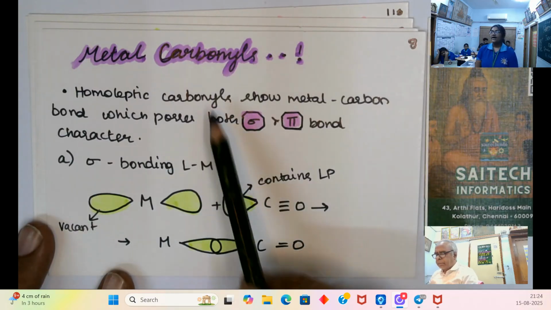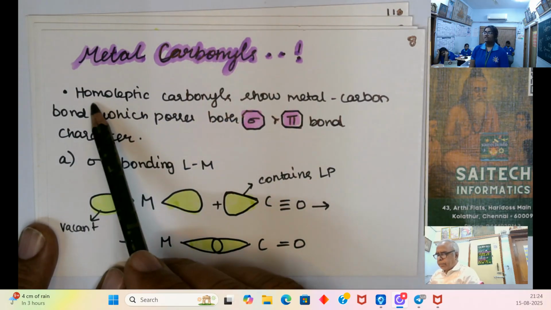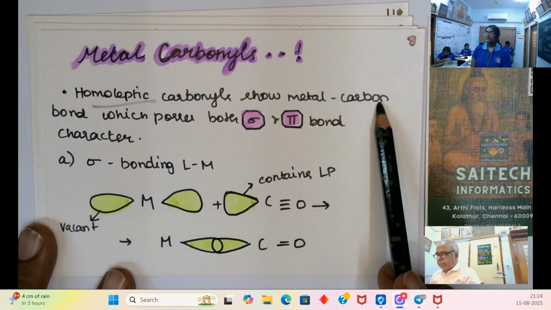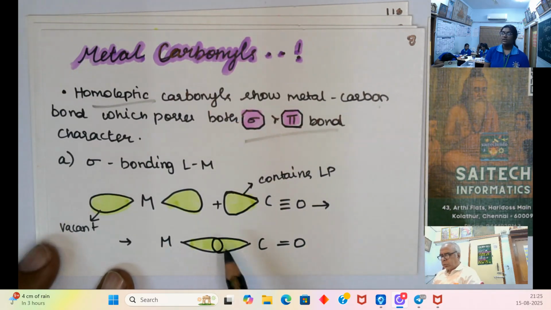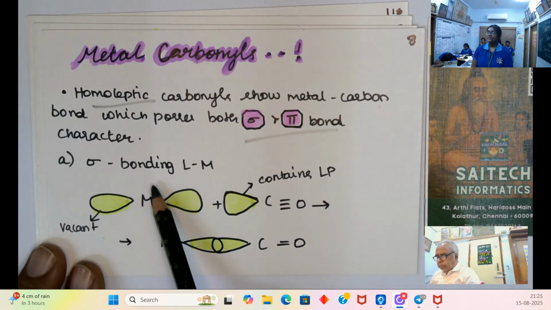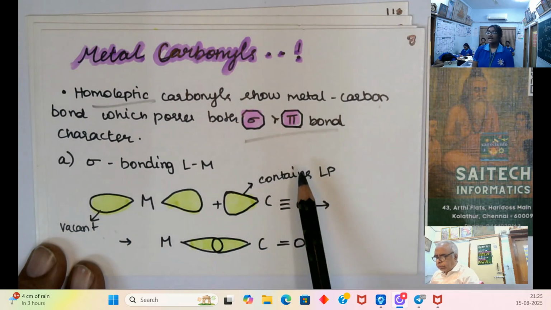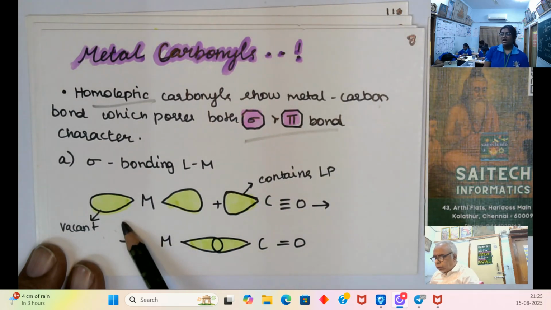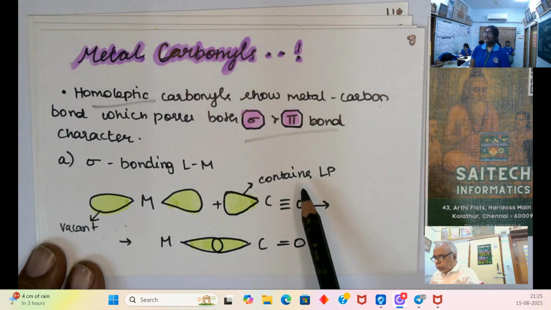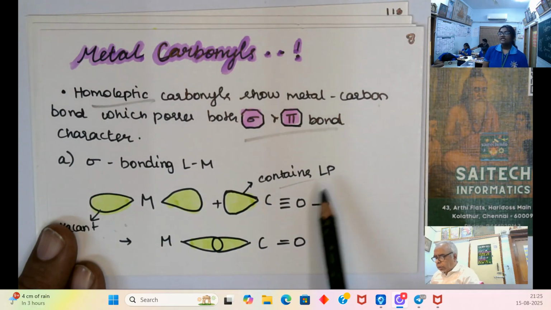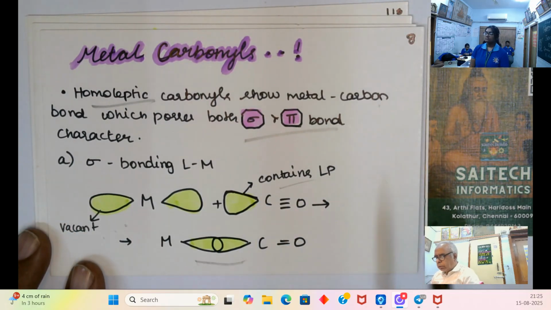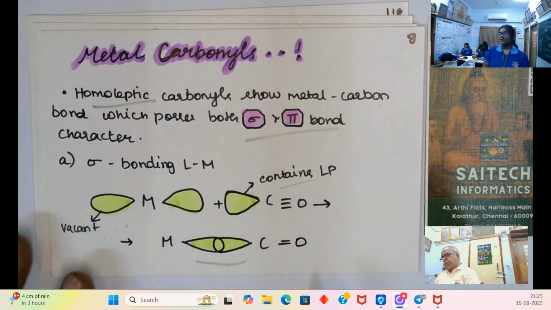Metal carbonyls. Homoleptic carbonyls show a metal-carbon bond which possesses both sigma bond and pi bond character. Sigma bond: ligand to metal. The lone pair on carbon, in the carbon-oxygen triple bond, is donated to the vacant orbital of the metal.